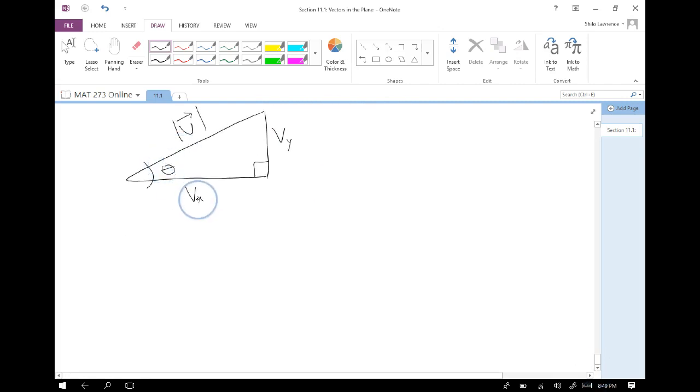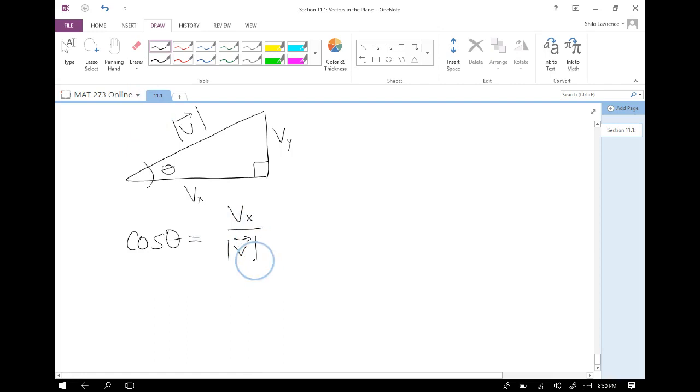So first I'm going to solve for v sub x. If I know theta and I know the magnitude of v, which is the hypotenuse, we want to find v sub x. Well, based on where theta is drawn, v sub x is adjacent, and our magnitude is the hypotenuse. So which trig function uses adjacent and hypotenuse? Cosine does. So cosine of theta is adjacent over hypotenuse.